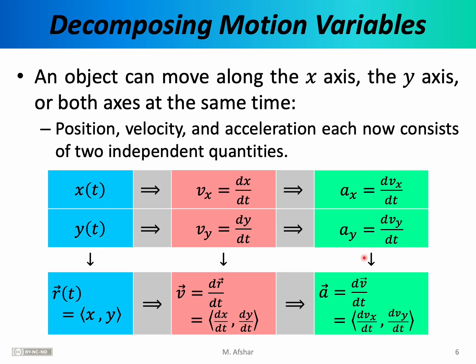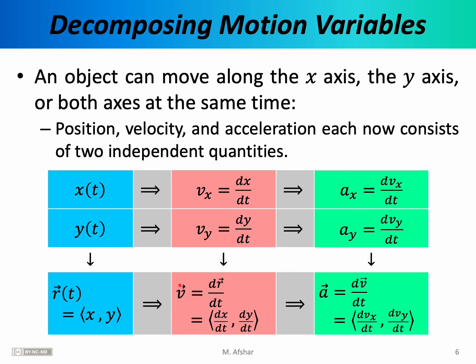To facilitate the writing of all of these quantities, we sometimes combine x and y into a single vector, which we'll denote as vector r. The arrow above r reminds us that r is really a vector quantity. It refers to two distinct numbers, x and y. We'll also talk about the velocity vector.